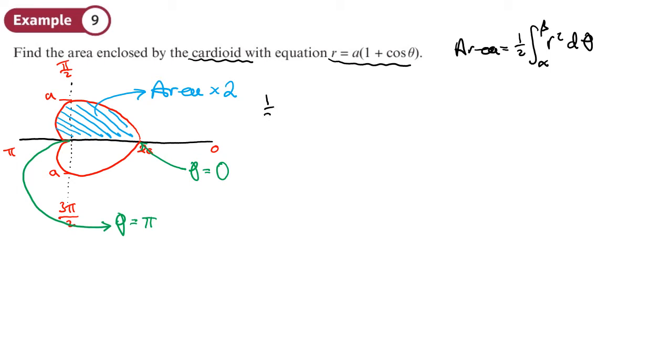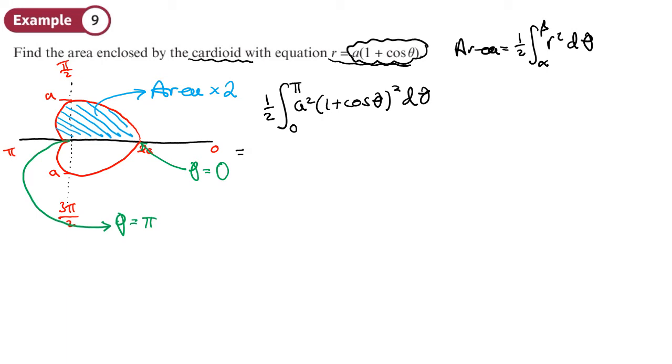We are now ready to put everything in. So we've got half, and our limits are 0 and pi. Now r squared is going to be all of this squared, so that's a squared times 1 plus cos theta squared d theta.